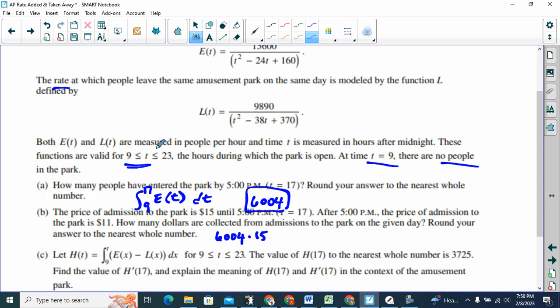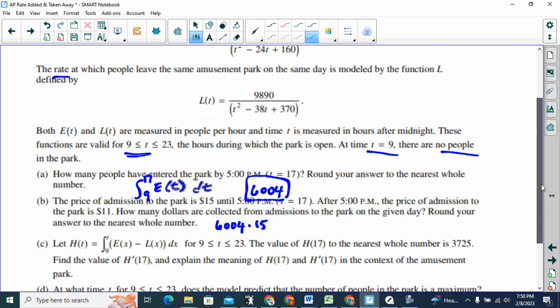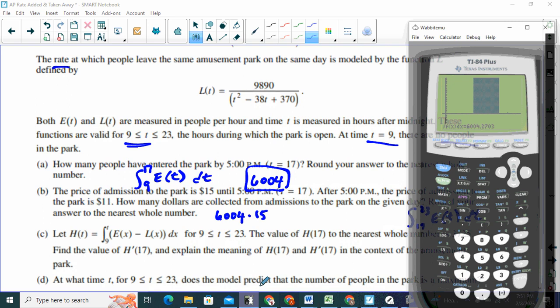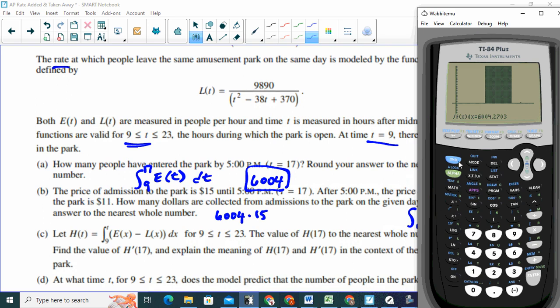Looks like they close at 2,300 hours at t equals 23. So we want to integrate from time 17 to time 23 of E of t dt. E of t is the graph that is currently up. So we are integrating from 17 to 23.